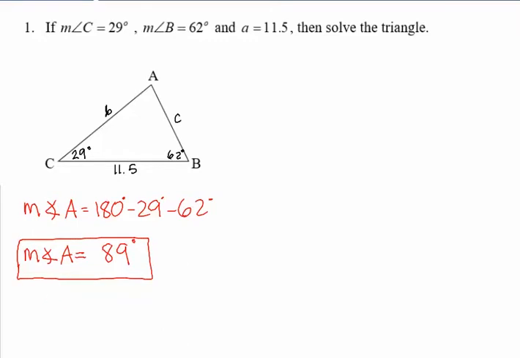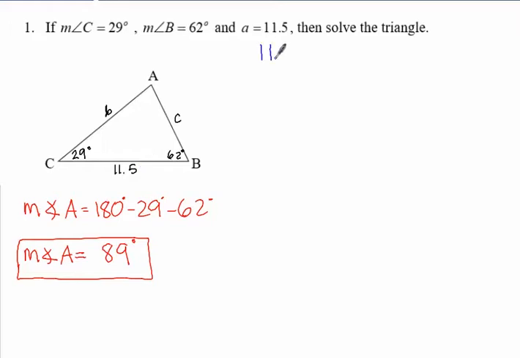I'm going to go ahead and find side b first, using the law of sines. I know angle A and side a, so I need to use that as one of my proportions, and since I'm trying to solve for side b, I'm going to use b as my other fraction in the proportion.